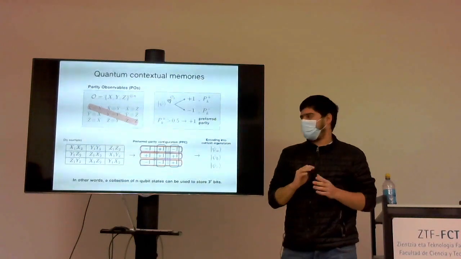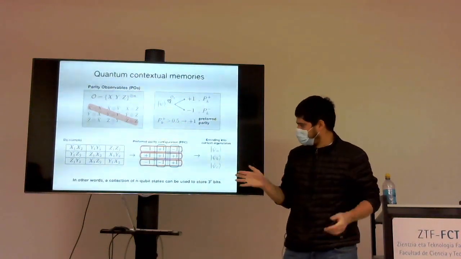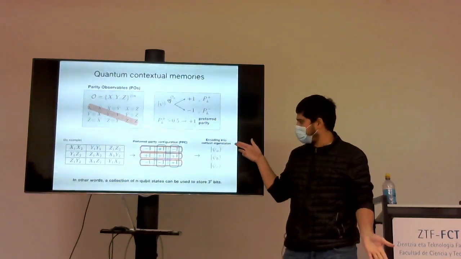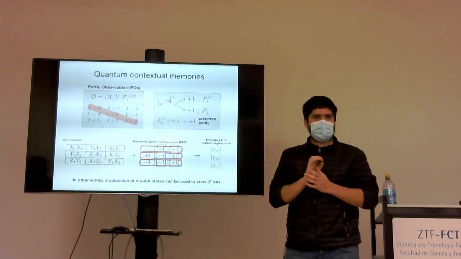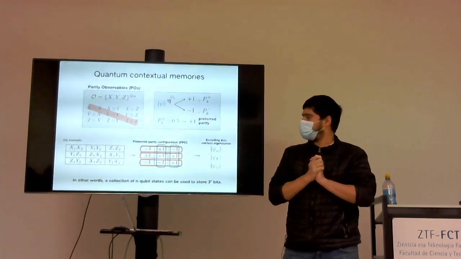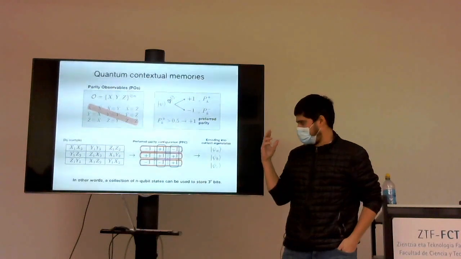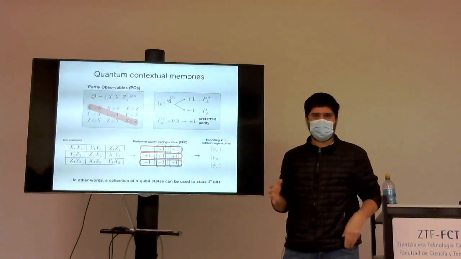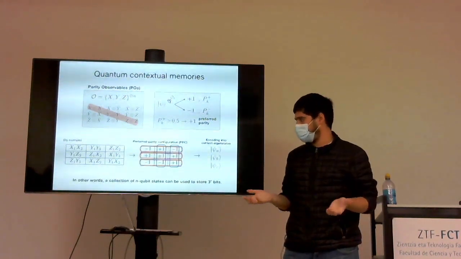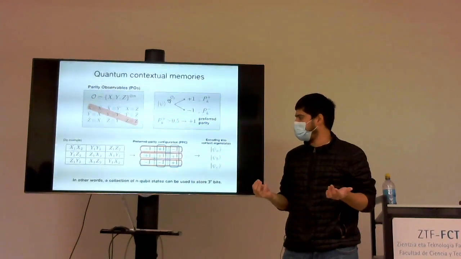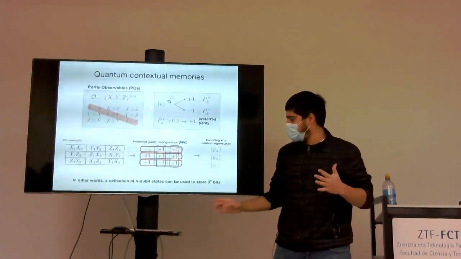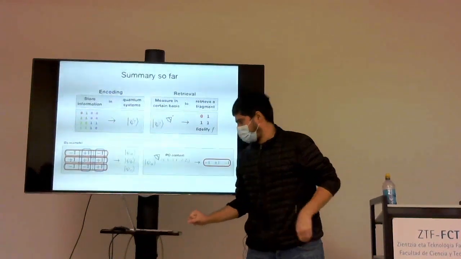So we'll get into that in a moment, but for now, in principle, we could be using a set of n qubit states to encode 3 to the n bits. So that's the main idea. Encode 3 to the n bits using a certain collection of n qubit states. Okay, so that's the main idea so far.